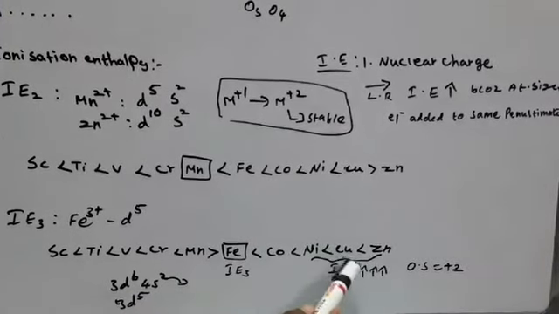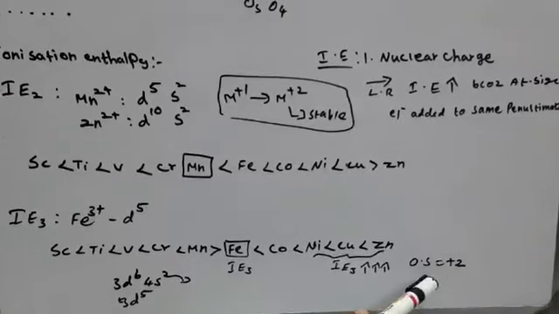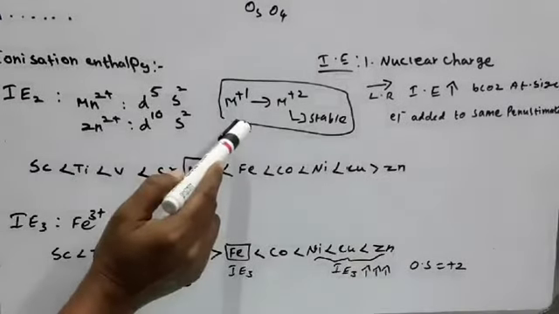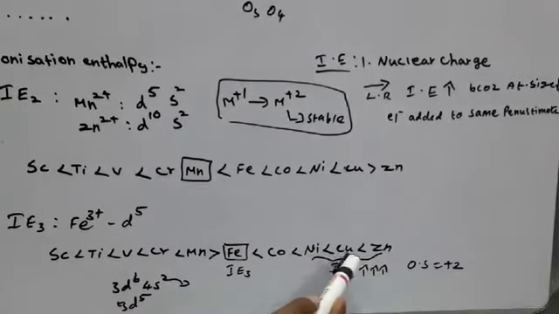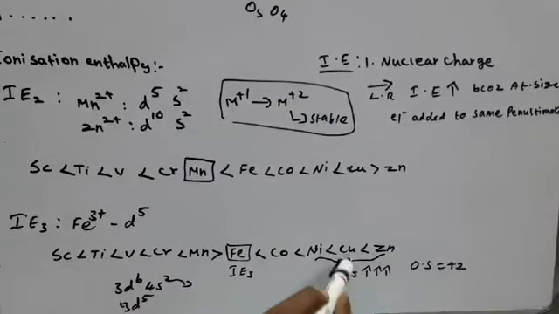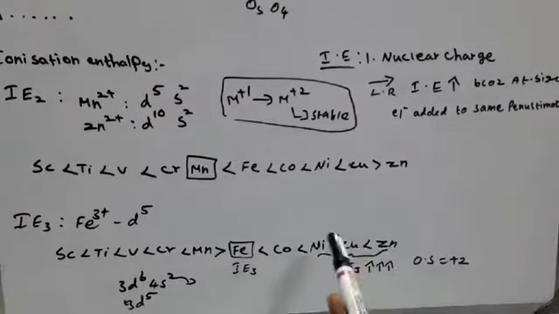After that, for nickel, copper and zinc, IE3 increases because the oxidation state is +2. Earlier I told you, compared to the +1 state, +2 is stable. So nickel 2+, copper 2+, zinc 2+ are stable forms, so the IE3 ionization enthalpy is more.